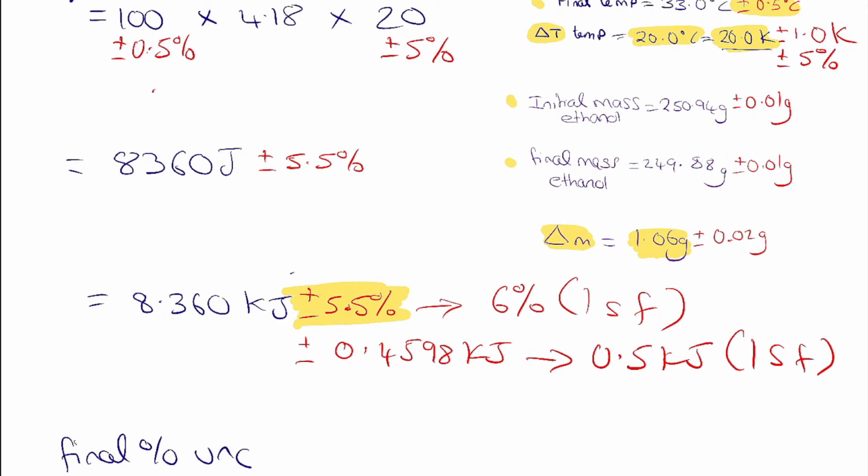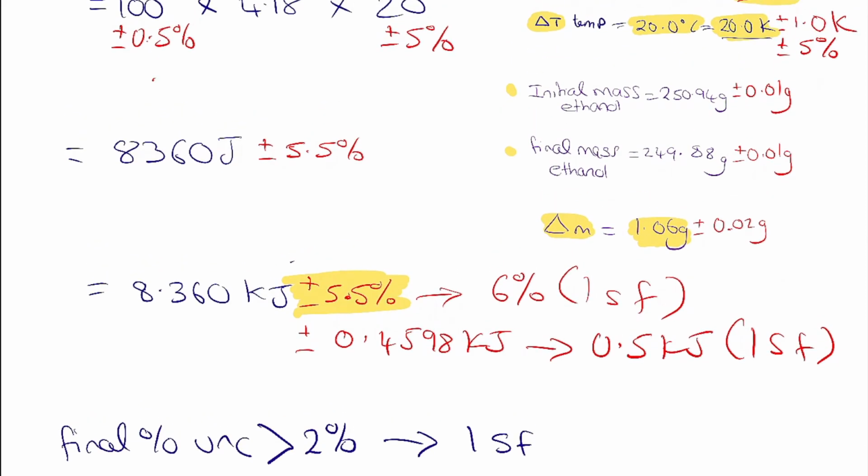Okay, so if the final percentage uncertainty is above 2%, then we round it to 1 significant figure. If the final percentage uncertainty is less than 2%, like 1.5 or 0.05 or something percent, then we round that to 2 significant figures.